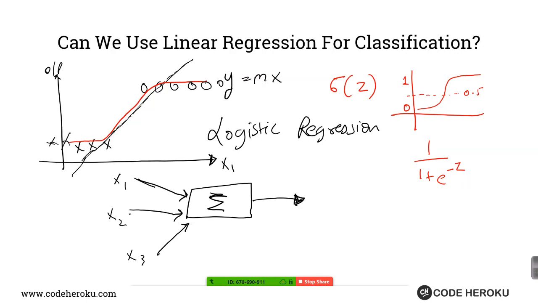You'll still use y equals mx as a linear combination of features, but we'll also add another block, which is the sigmoid function, which will transform our linear model. Something that was a linear model will be transformed to an S-shaped curve.